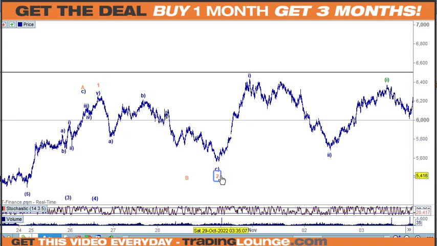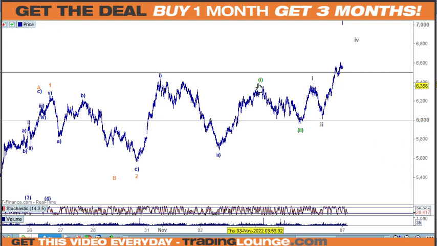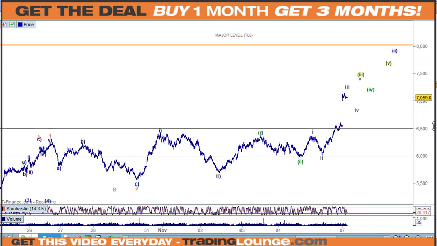1 and 2 and 1 and 2, and then coming across here we've got 5 waves here for 1 and 2, and then 1 and 2, and then we've got to figure out this here. This would be 1 and 2, and then we'll have the 3rd, 4th, 5th here for the 3rd wave. So the market's going to continue up, but what you see here is not what you get next.